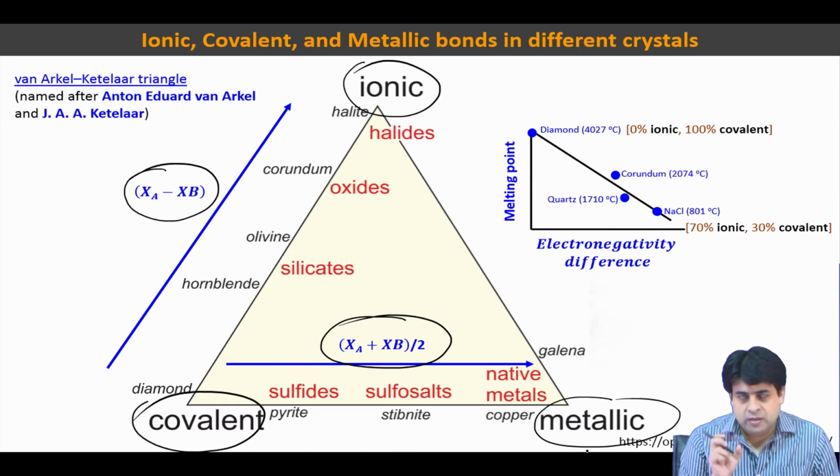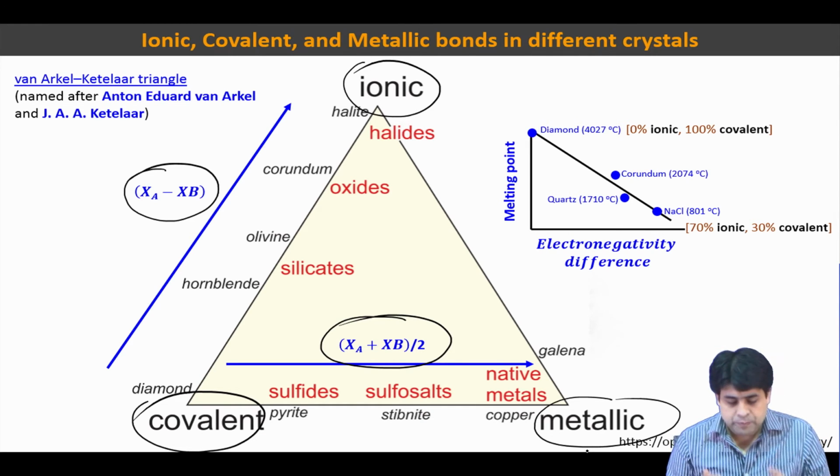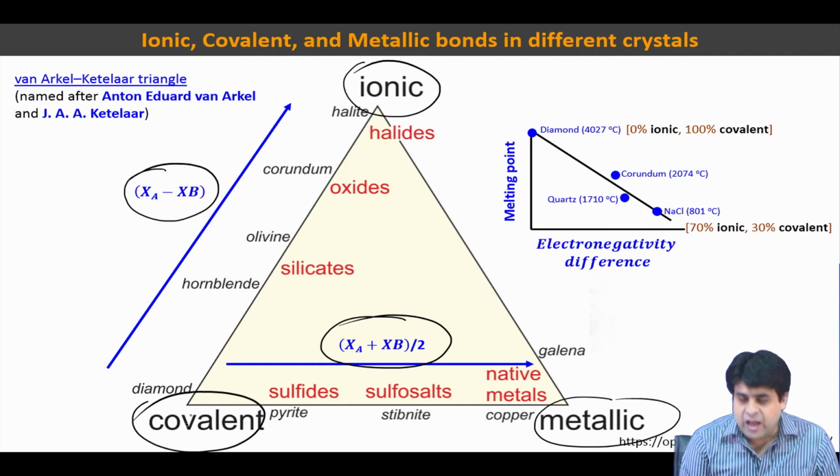If the average electronegativity, the sum of the electronegativity of the two atoms, decreases, you will have a covalent character. This is a very interesting diagram, and I borrowed it from the open geology material by Dexter Perkins, and what Professor Perkins did was compile all the major oxides which are present in the earth's interior or at the earth's surface.